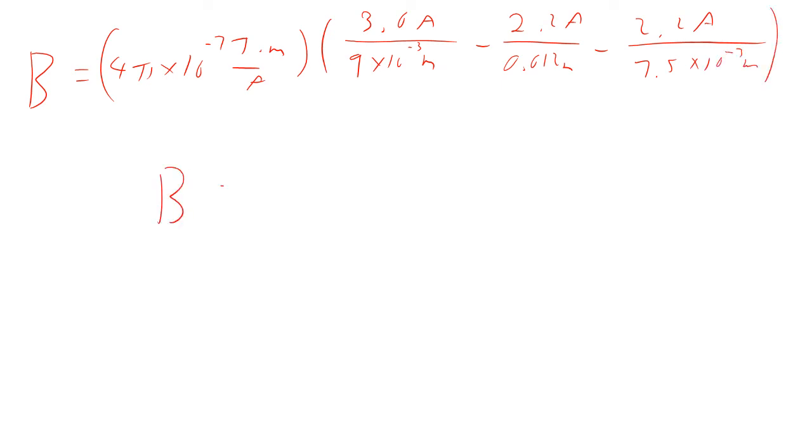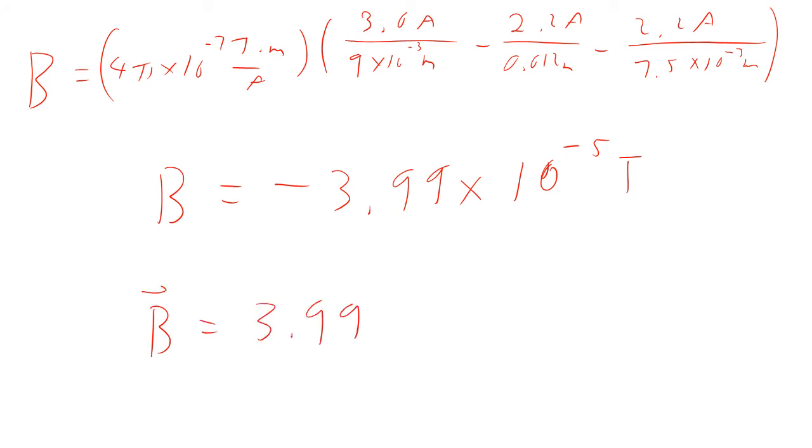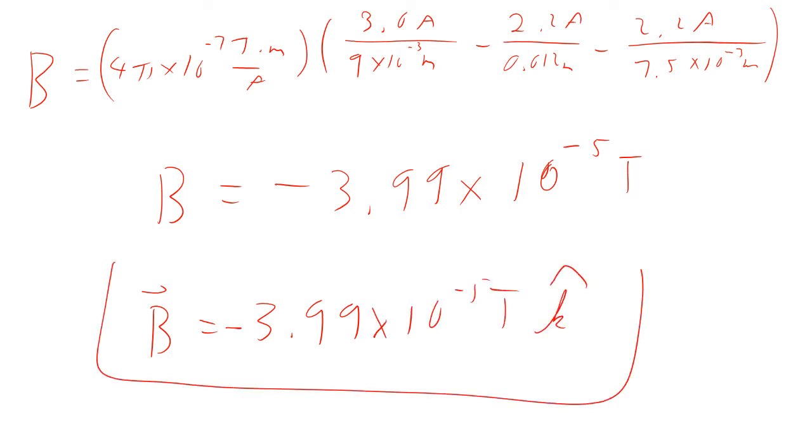And so the magnetic field comes out to be a total of a negative 3.99 times 10 to the minus 5th Tesla. So that means it would be into the screen.